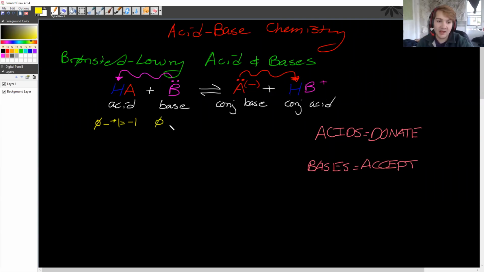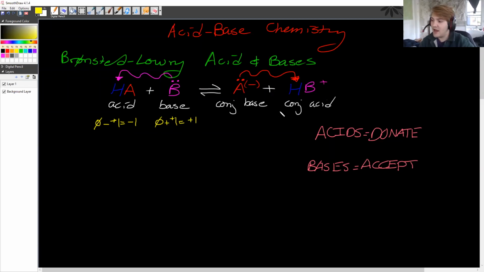Likewise, this base was originally neutral, and it's gaining this hydrogen, and now it has a positive charge, which is how it gets that. Does this make sense? Sweet.